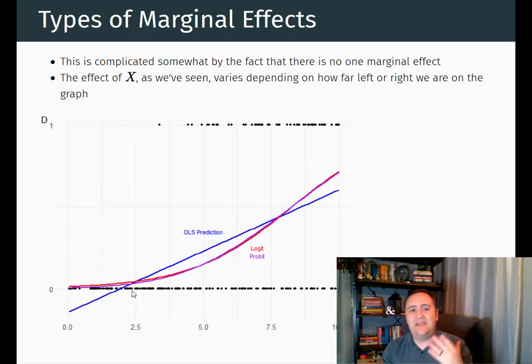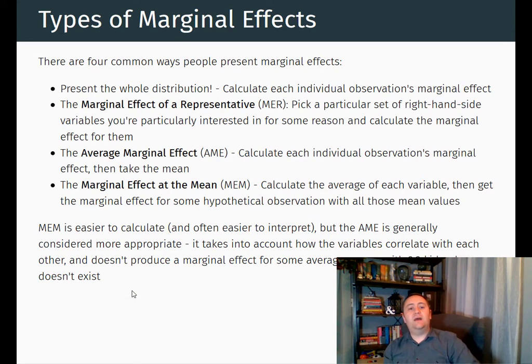Often, we want to have a single number that represents the marginal effect for the sample as a whole, and then we can also put, for example, a standard error on that and see if it's statistically significant or not. Now, there's a couple of different ways we can take that distribution of marginal effects over the whole sample and boil it down to one number. There are three main ones.